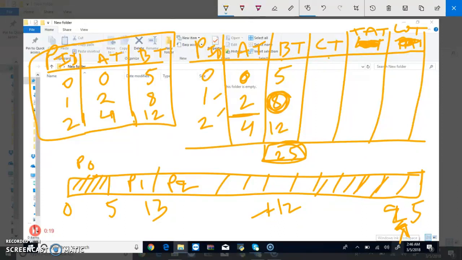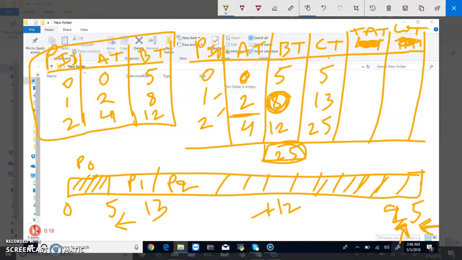Then you can do the remaining stuff. When writing completion times, my observation is to start from the back. The last process is P2, completed at 25. The previous process completes at 13. The P0 completion time is 5.